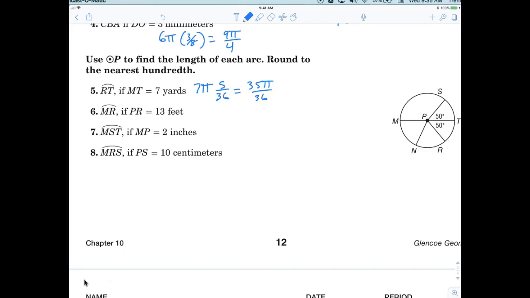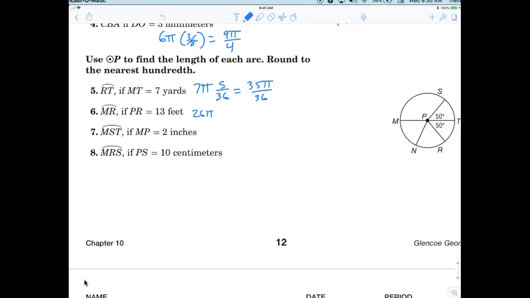All right, so help me out with PR. What is PR? So the circumference? 26 pi, and I'm looking for MR. MR would be 130. Look at it carefully. TR is what? 50.